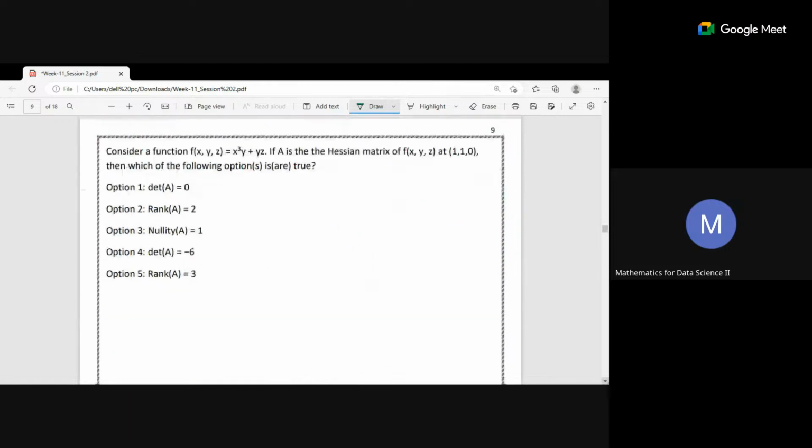Okay. So almost we are there at the end of week 11. Consider a function f of x comma y comma z is equal to x cube y plus yz. If A is the Hessian matrix of f of x comma y comma z at 1 comma 1 comma 0, then which of the following options are true? So you need to first of all write what is the Hessian matrix.